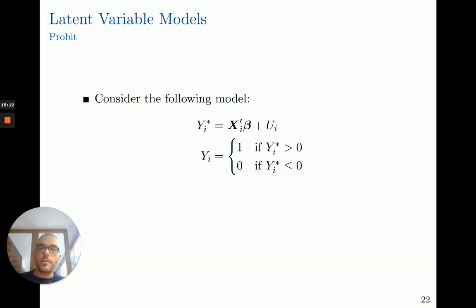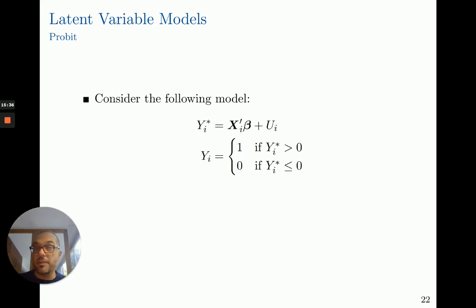Okay, so consider the following model: we have a y star that's linearly related to x, like the usual regression. So y star is x prime beta plus u, but we do not observe y star. Y star is a latent variable.